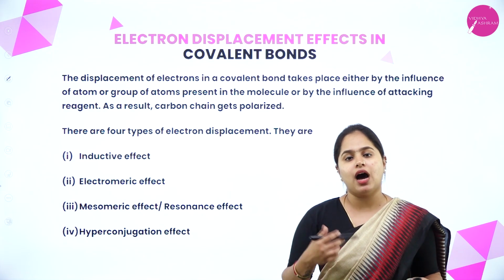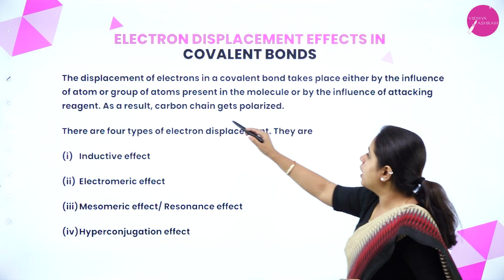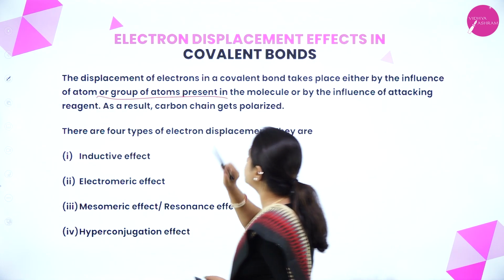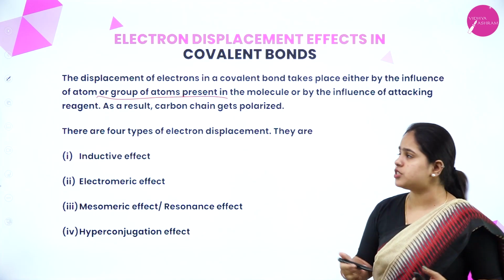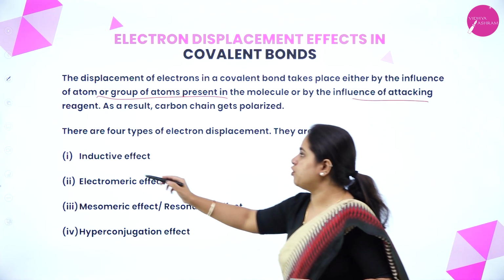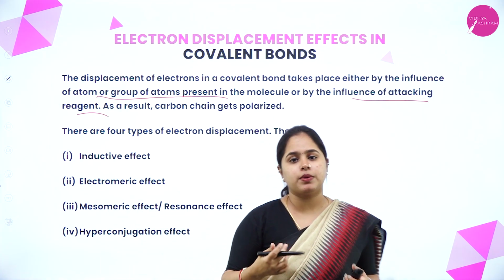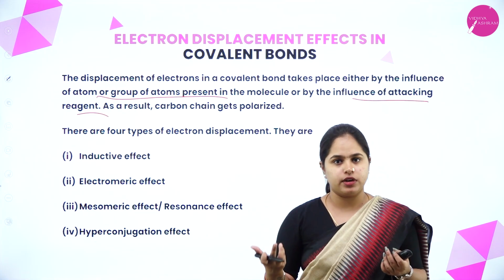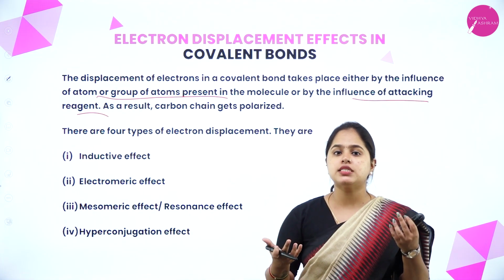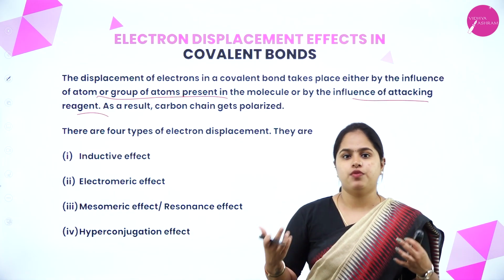In the molecule there will be various atoms and groups, and also the influence of the attacking reagent. As a result, there will be a polarity difference. In a molecule there will be different atoms, and if there is an electronegativity difference, a polarity can develop.